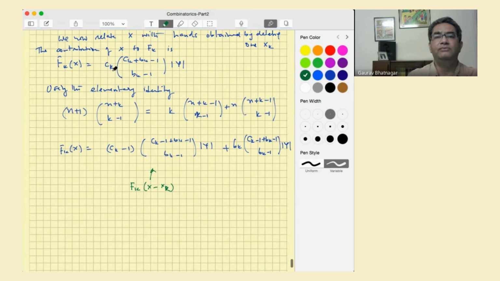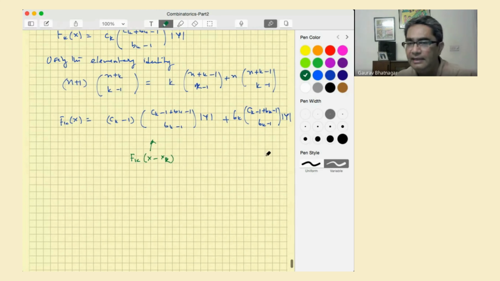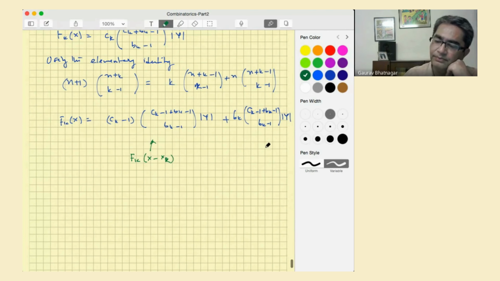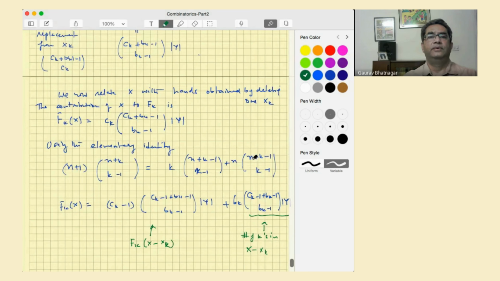So replace c_k by c_k minus 1 in this formula. And this is the number of k's in X minus x_k.